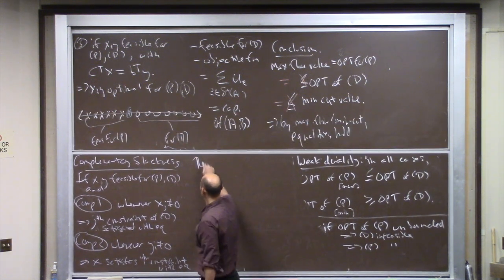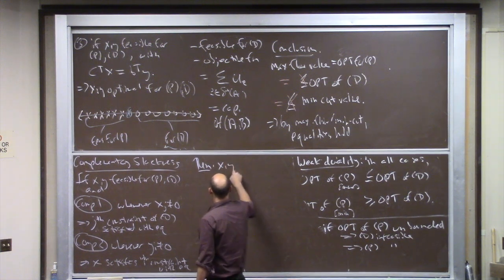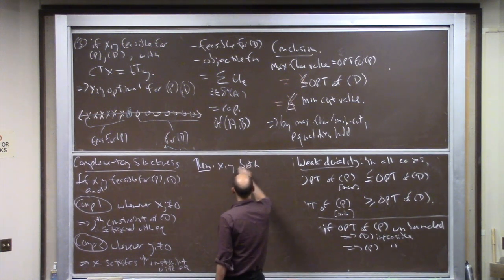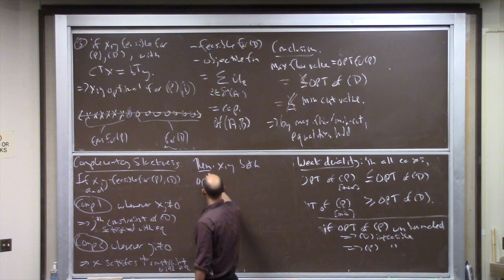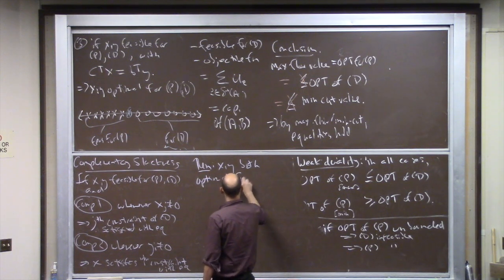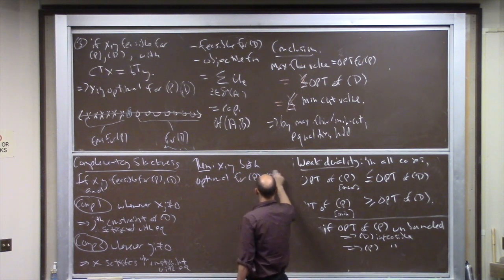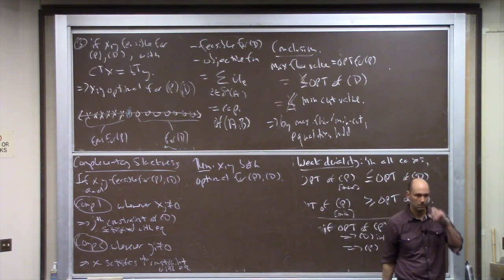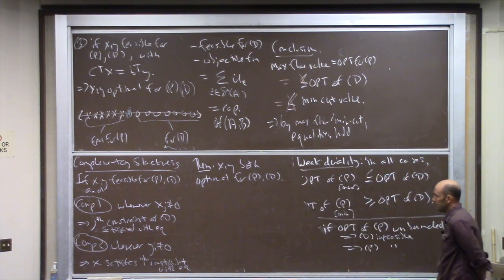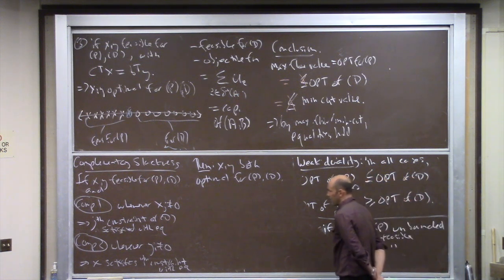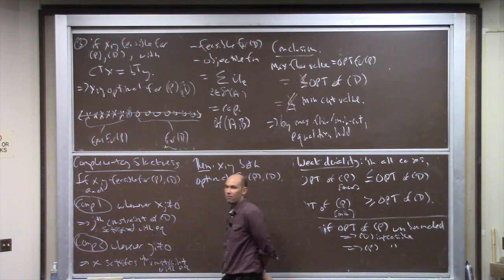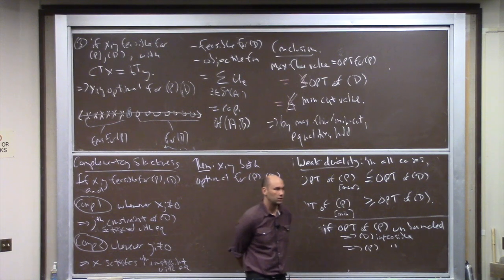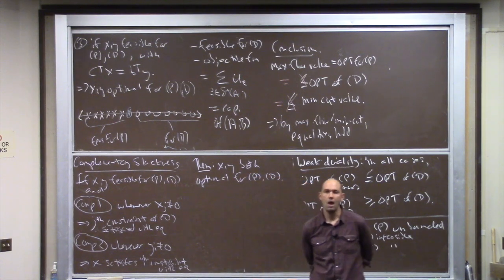Then x, y are both optimal for P and D. Okay? So the point is, it's another sufficient condition for optimality. If you have a primal solution, if you have a dual solution, and these complementary slackness conditions hold, boom, you know you're done. Okay?